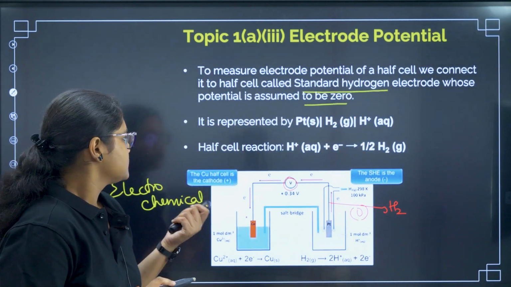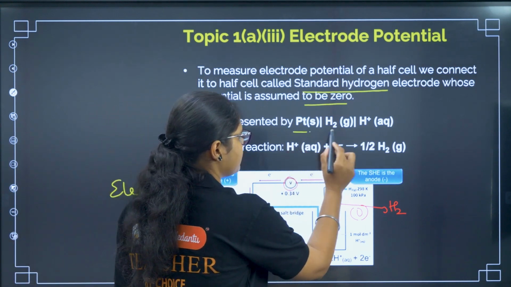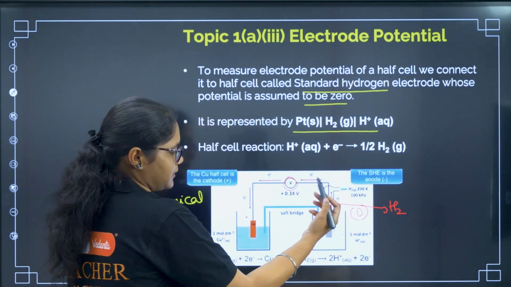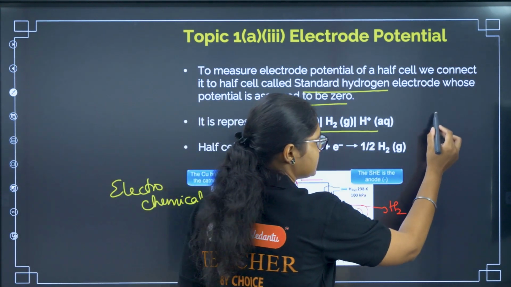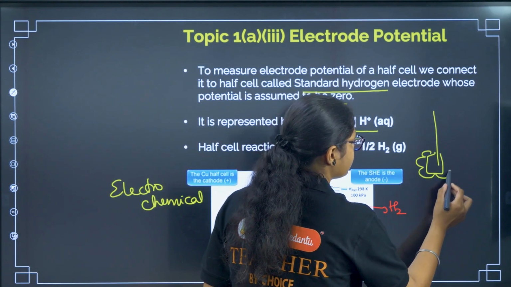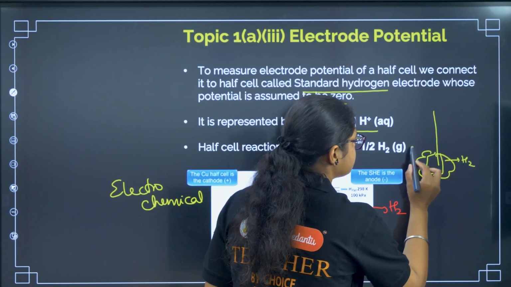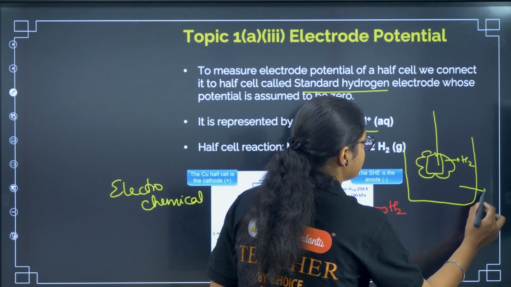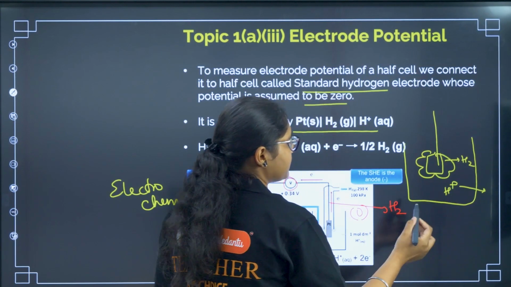Now how is the hydrogen electrode represented? See, we have a platinum rod. On that platinum rod we have hydrogen gas, and this is dipped in a solution containing H+. So how will we represent it?